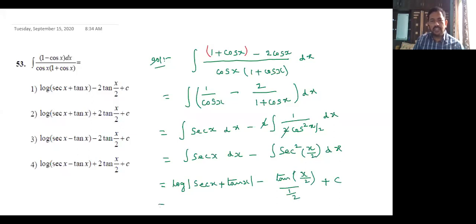That is the same. Here the denominator 1 by 2 goes to the numerator, so 2 into tan of x by 2 plus c. So observe the options. Which option is correct? First option is correct.